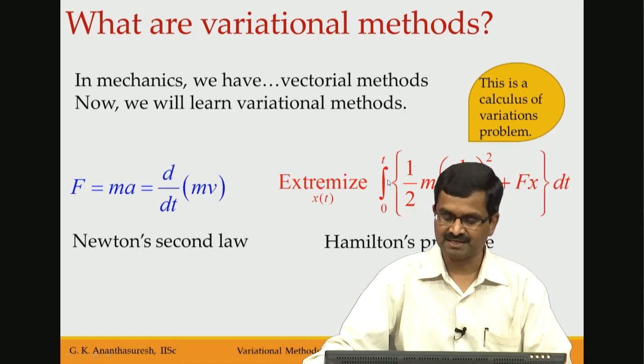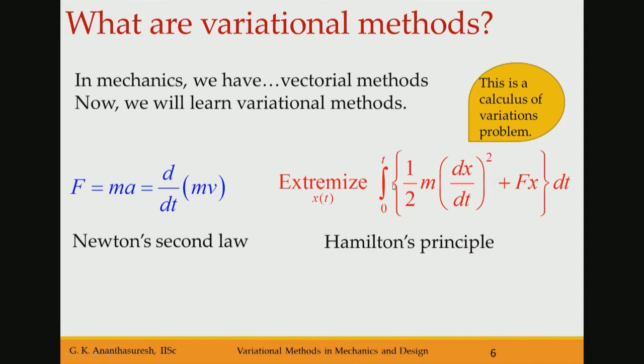What that means is that when you have a quantity, you are looking at that quantity for varying values of the function, meaning that actually different functions, not just varying values. There is x1(t), x2(t), x3(t), x star(t), several functions. You are selecting one of them to extremize a quantity. Okay. For that you need to understand the concept of the variations.